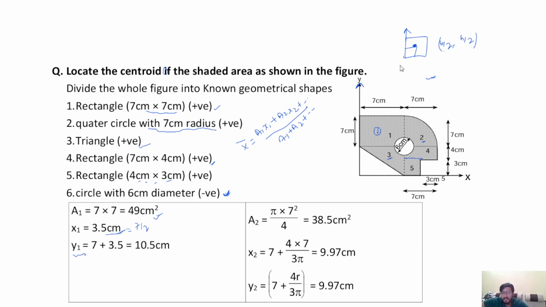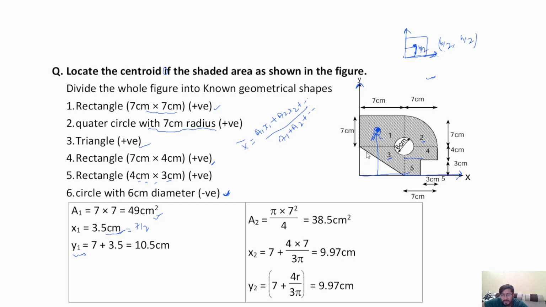That means if the reference x-axis is at the bottom of the rectangle, then this centroidal distance is h by 2. But here the reference axis is the bottom of the whole figure. That's why the centroid of the rectangle is here, and this is the distance of this centroid from the reference x-axis.